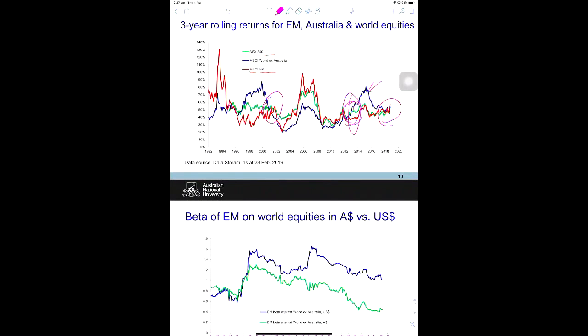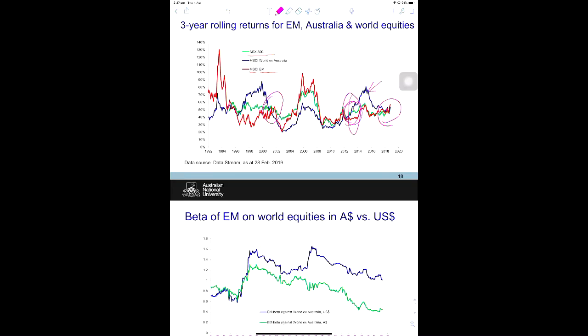So investing in emerging markets actually comes with other exposures. When we consider a diversified portfolio of a typical Australian investor, for instance, we have 30% of Australian equities, 30% of world equities hedged to AUD, and we probably will have another 20% in fixed income, another 20% in alternative and cash.